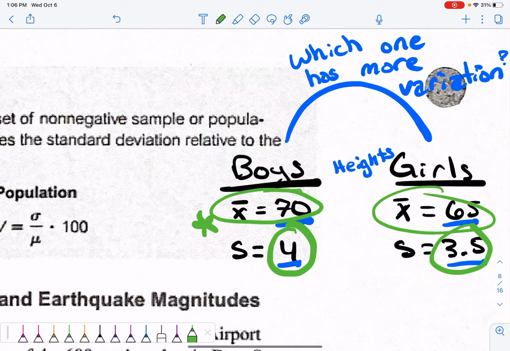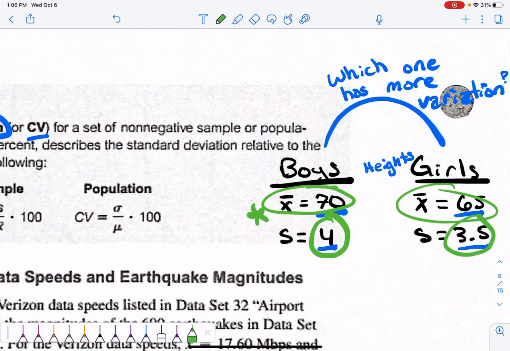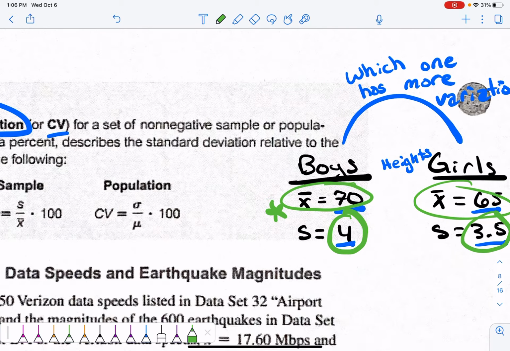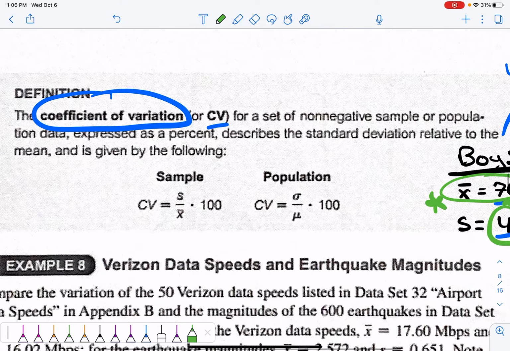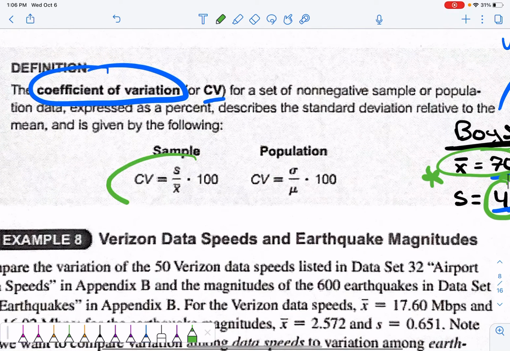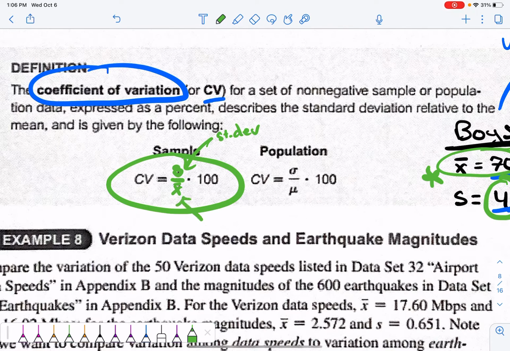So taking that into consideration, the boys might not have more variation. It just depends. So when boys and girls are on different scales and things like that, we do what's called a coefficient of variation. And all we do is, this is what we have here, it's S divided by X bar, which is the standard deviation divided by the average.